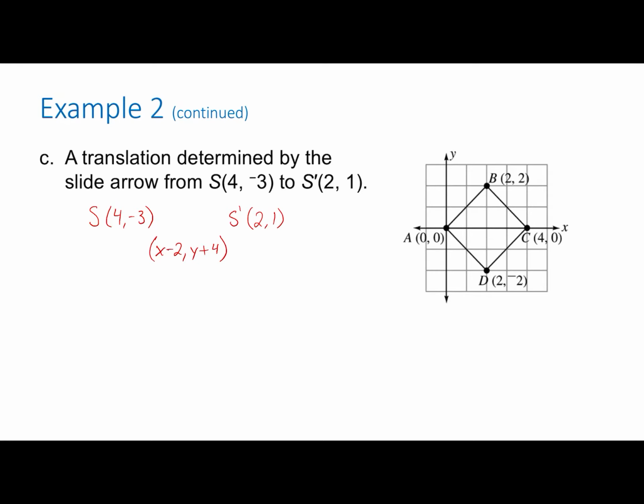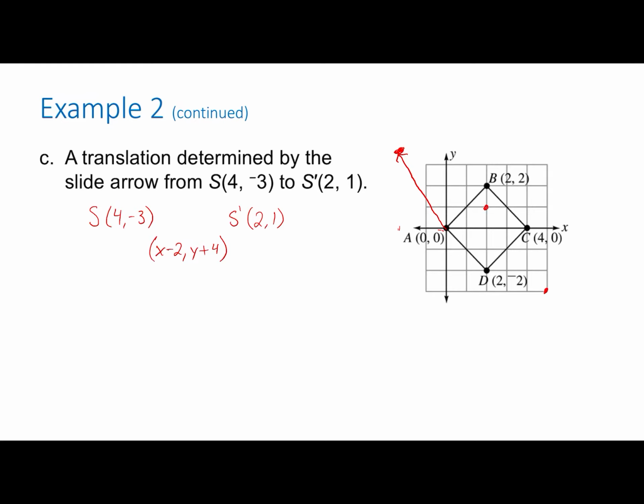Well, again, that's moving our X value left 2 and our Y value up 4. It's again moving it up here, right? Left 2, up 4. And that slide line is the same as, let's see if I can plot each of these points. So 4, -3 was here, and then 2, 1 is there.